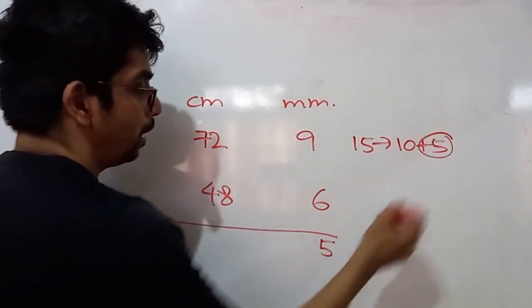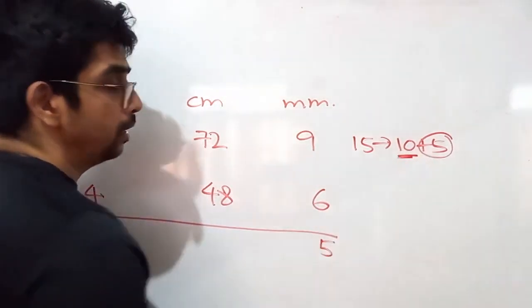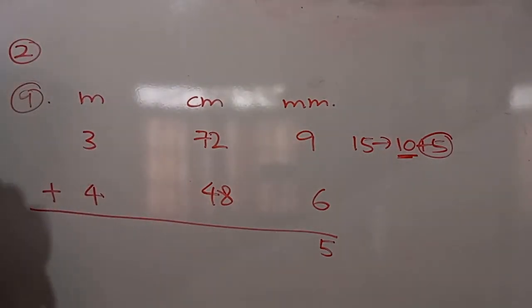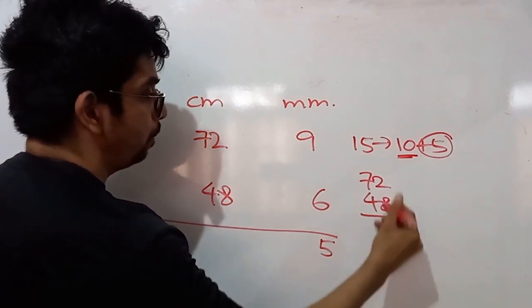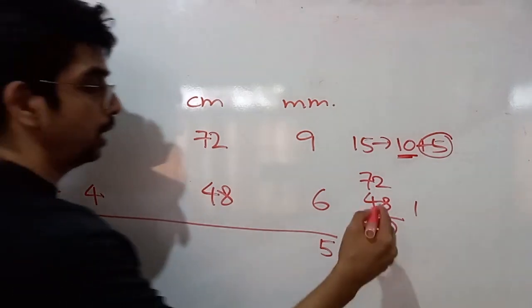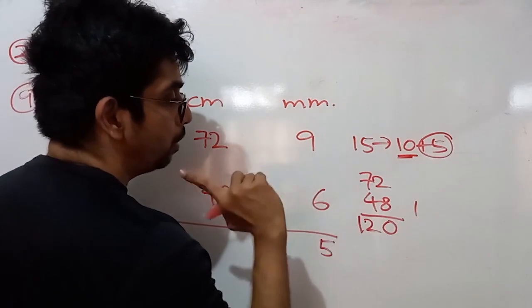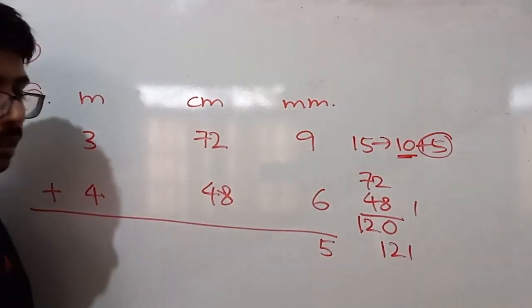So this 5 we can write under the millimeter column, but this 10 we have to convert it into what? Centimeters. So 72 plus 48, 8 plus 2, that is 10, so there's a 1. 7 plus 4, that is 11. Add the 1, it becomes a 12. Don't forget, we have to add another 1. So this becomes 121. Right?